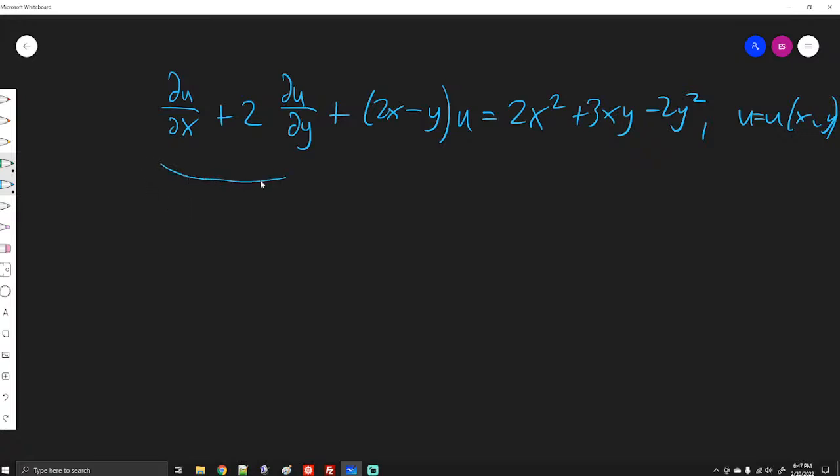These first two terms here can be written as the dot product of (1, 2) with the vector of partial derivatives of u. So, like that. So I'm going to draw this vector (1, 2) in the xy plane now.